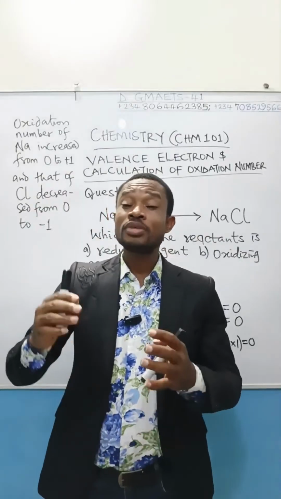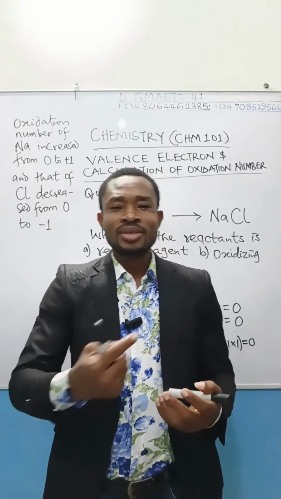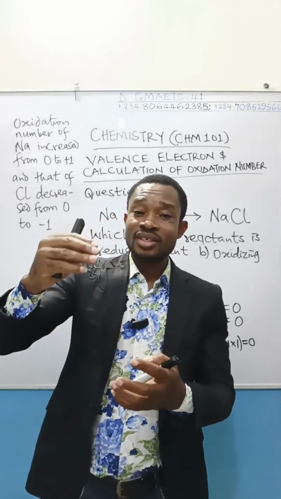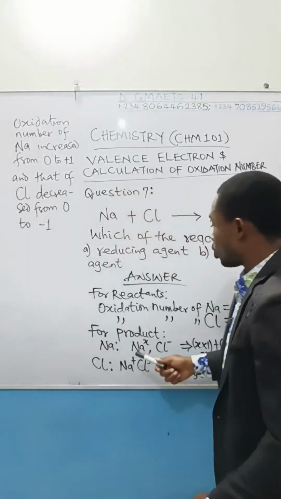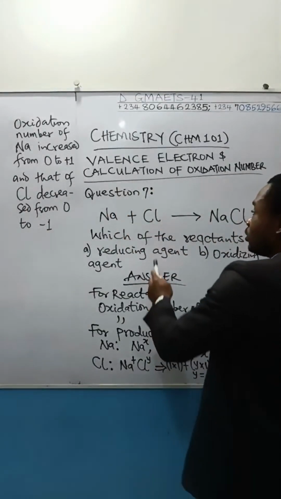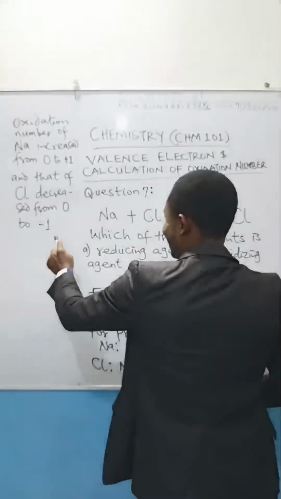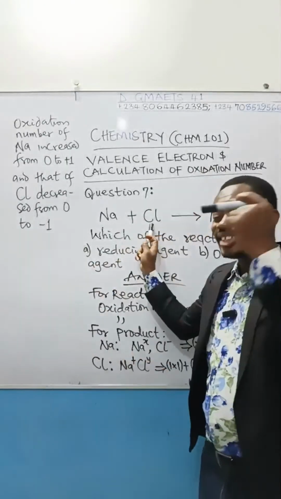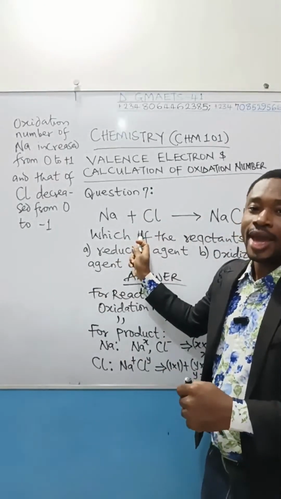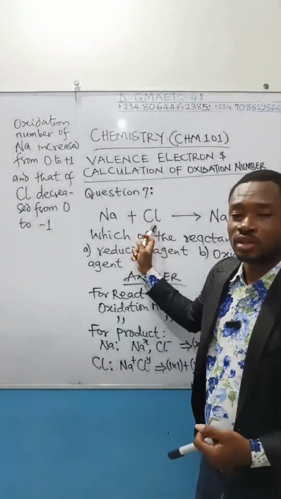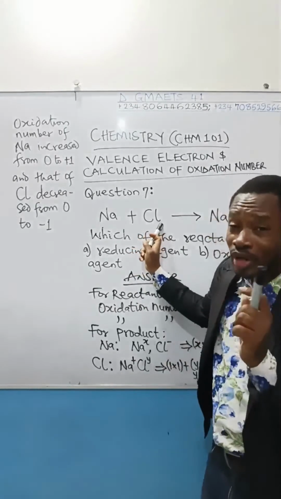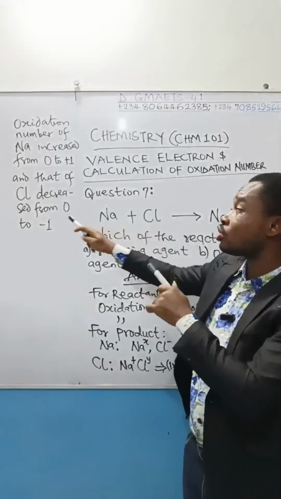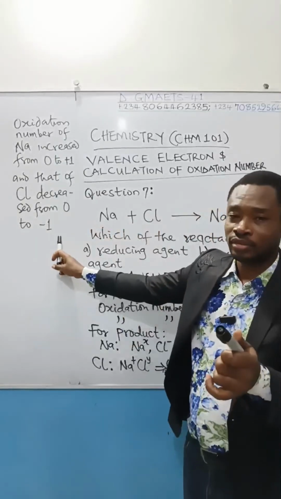And like I said, when something undergoes reduction, how do you get to know? Using the knowledge of oxidation number calculation. The oxidation number of that substance will reduce. So if you look at chlorine, the oxidation number of chlorine goes from 0 in the reactant to -1 in the product. So chlorine underwent reduction here. Hence, chlorine is the oxidizing agent. Chlorine underwent reduction in this reaction, since the oxidation number decreased from 0 to -1.